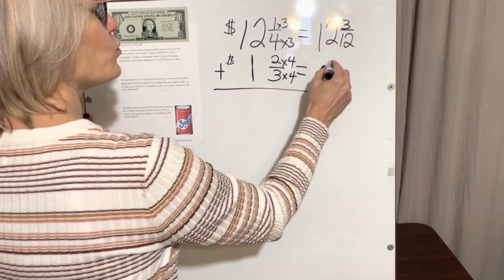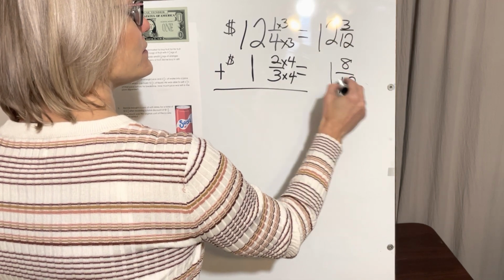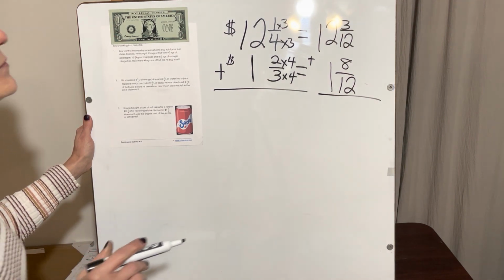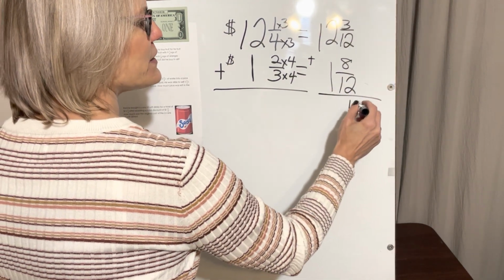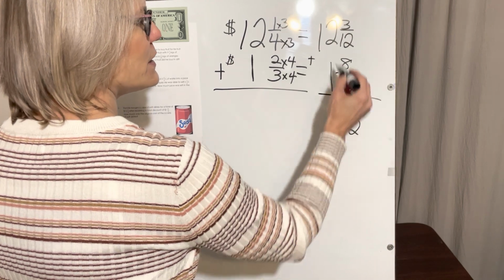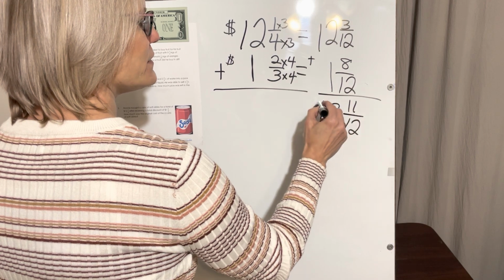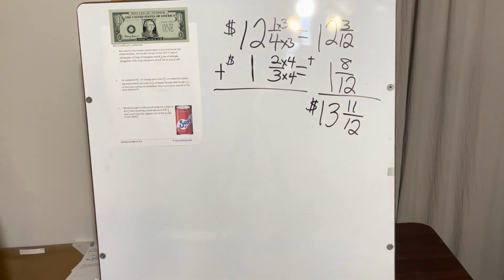And this would give me 1 and 2 times 4, that would be $8/12. So now I need to add it up. So I've got 3/12 plus 8/12, which would be 11/12. And then 12 plus 1 would give me 13. So 13 and 11/12.